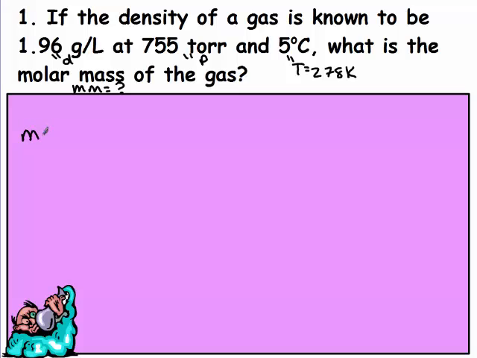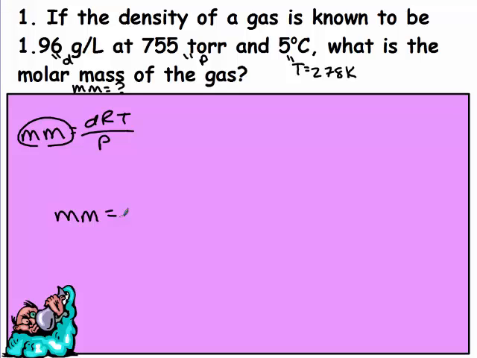So we write our equation. And just like we've done before, we have to rearrange. But in this case, it says, what is the molar mass? Since I'm looking for that, I don't need to rearrange in this case. So I can start plugging in.